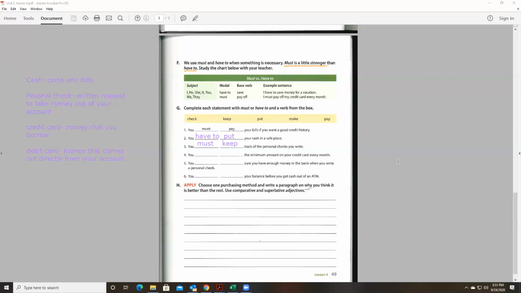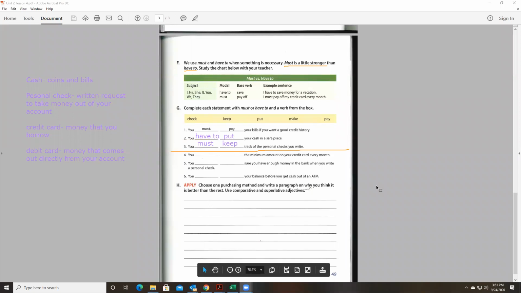Number 4, 5, and 6, I will have you do on your own. Remember, you have to determine which ones are a little bit more important than have to. Now down here, it says choose one purchasing method and write a paragraph.